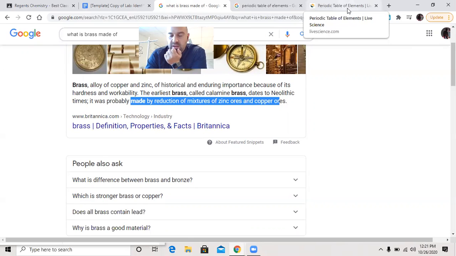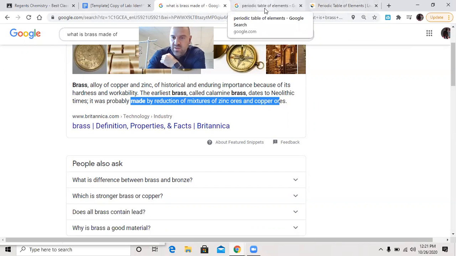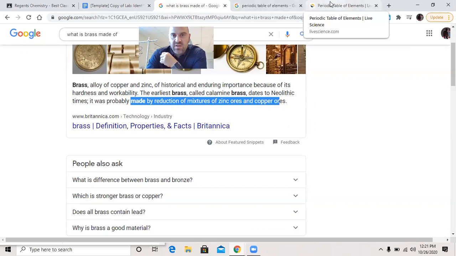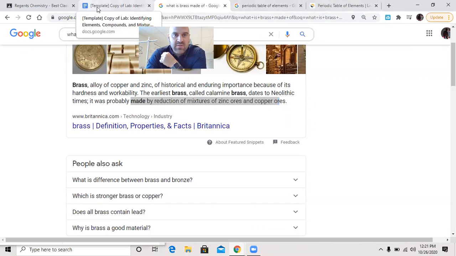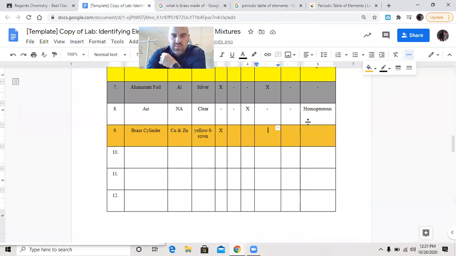So it's two or more elements that are mixed together. The key thing about this one is the ratio, how much copper and zinc that you add to it, could change. You could have a different ratio. So solids could be a mixture. This is one situation where it is. This would be a homogeneous mixture. So that's going to be a homogeneous mixture.